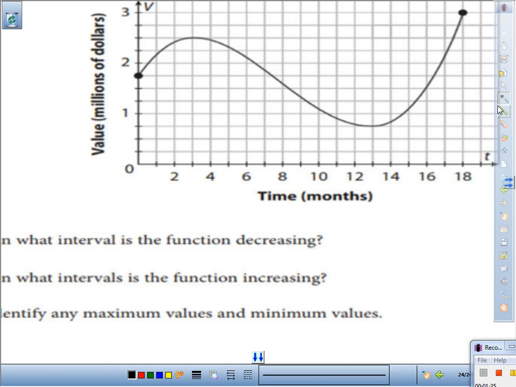Brianna, between what two values is the function decreasing? Five, you said? And what else? 13. One of those numbers is correct, which is this one. Help her out with the other end, guys. Tell your neighbor, where does the other one start decreasing?